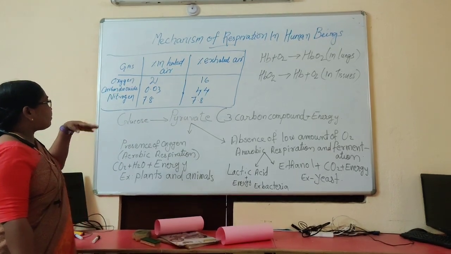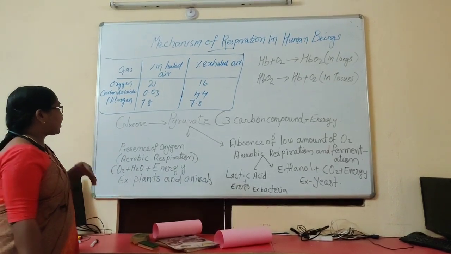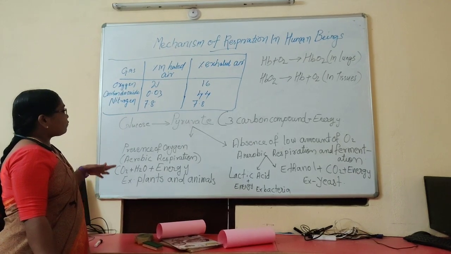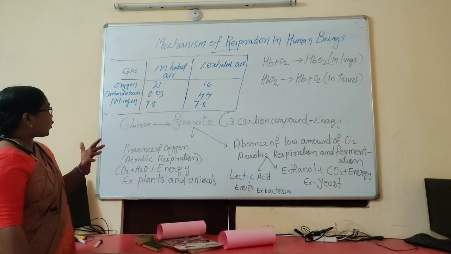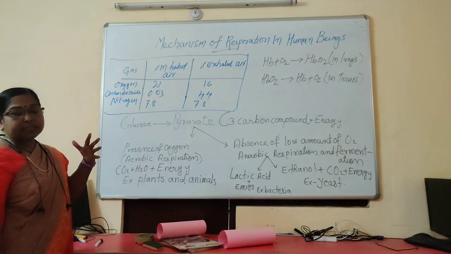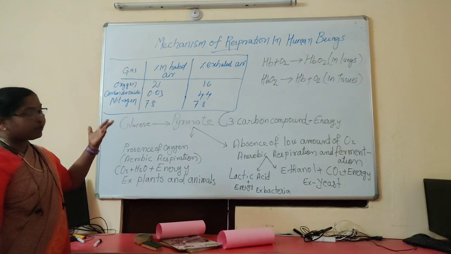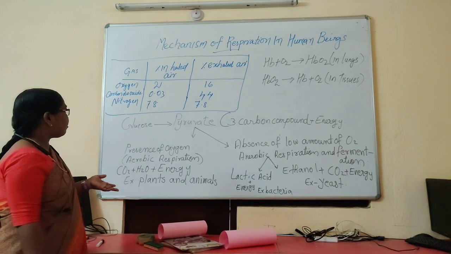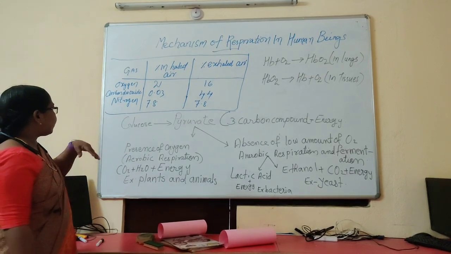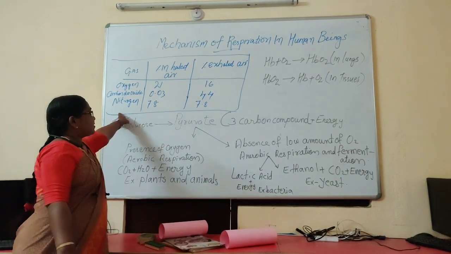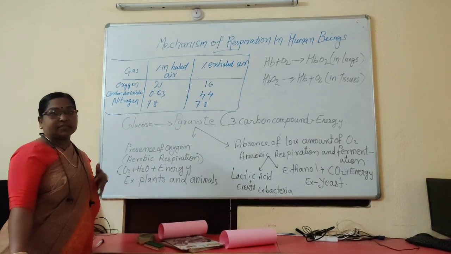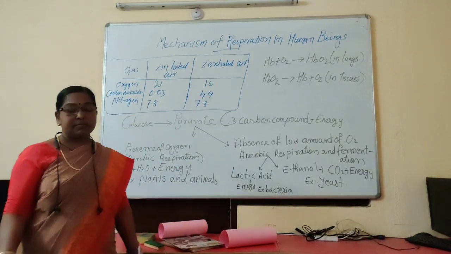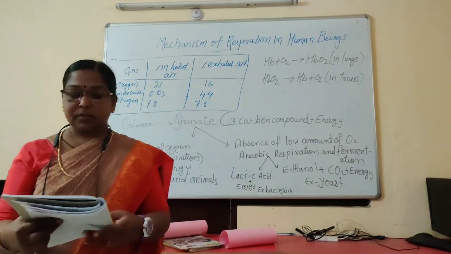Some processes are going on in our body, so more carbon dioxide is produced. That carbon dioxide is expelled out through our exhalation process. Nitrogen is the same percentage. That means nitrogen is not used in our body.